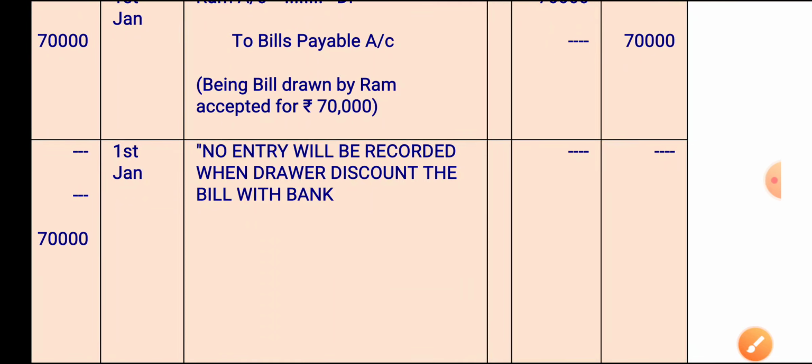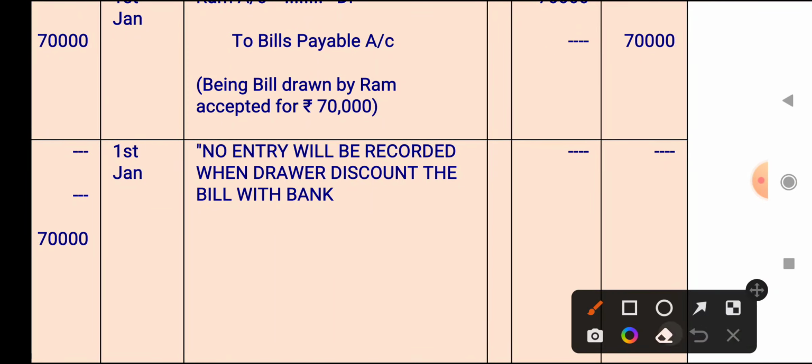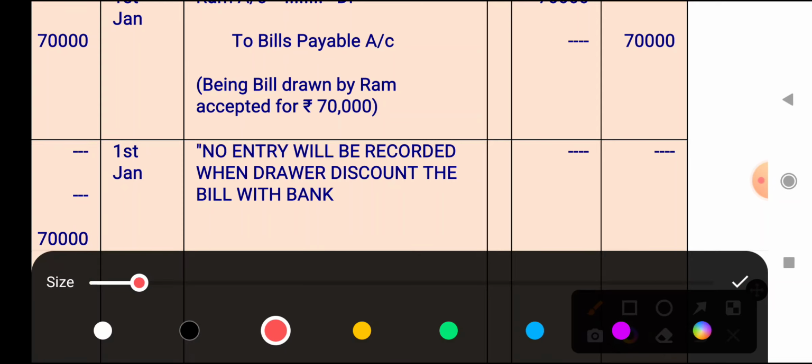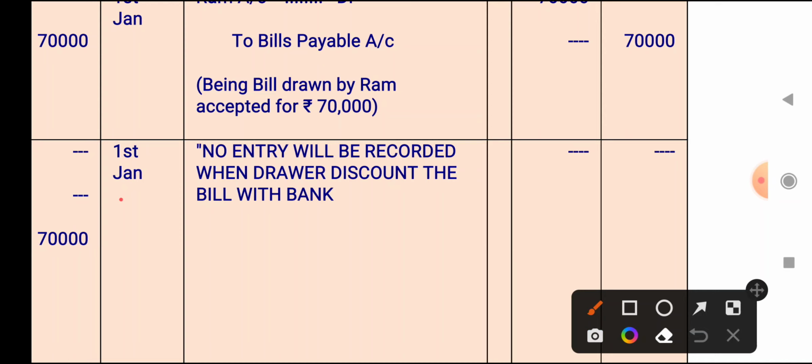And when the bill is discounted with the bank, please remember this point, no entry will be recorded in the books of the drawee. So no entry.